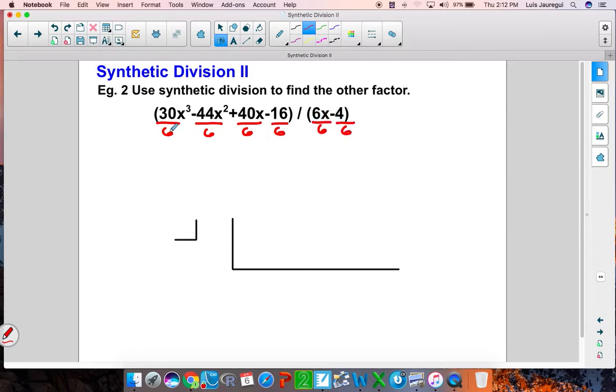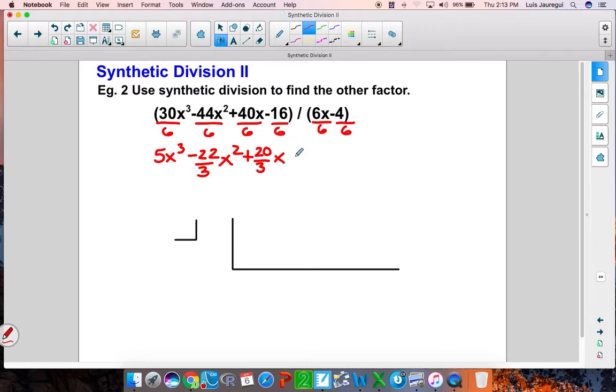Now, take a look at this one. We have 30x cubed divided by 6. That's going to give you 5x cubed. Then we have negative 44x squared divided by 6. That's going to give you negative 22 thirds x squared after you simplify the fraction. And then plus 40x divided by 6. That's going to give you 20 thirds x after you simplify the fraction.